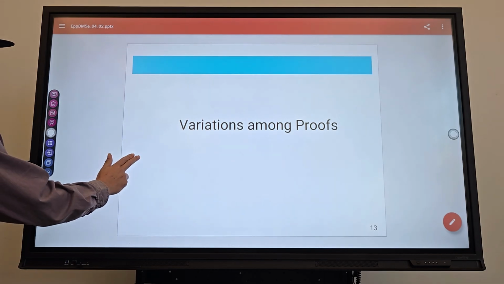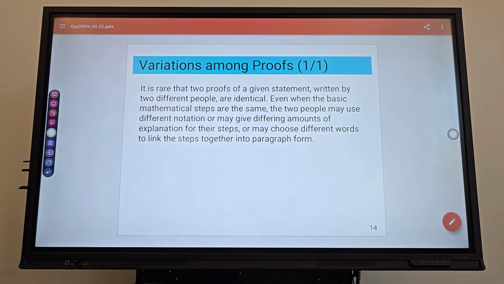Variations among proofs. It is rare that two proofs of a given statement written by two different people are identical. Even when the basic mathematical steps are the same, the two people may use different notation, or may give differing amounts of explanation for their steps, or may choose different words to link the steps together, etc. It's kind of like writing a program.